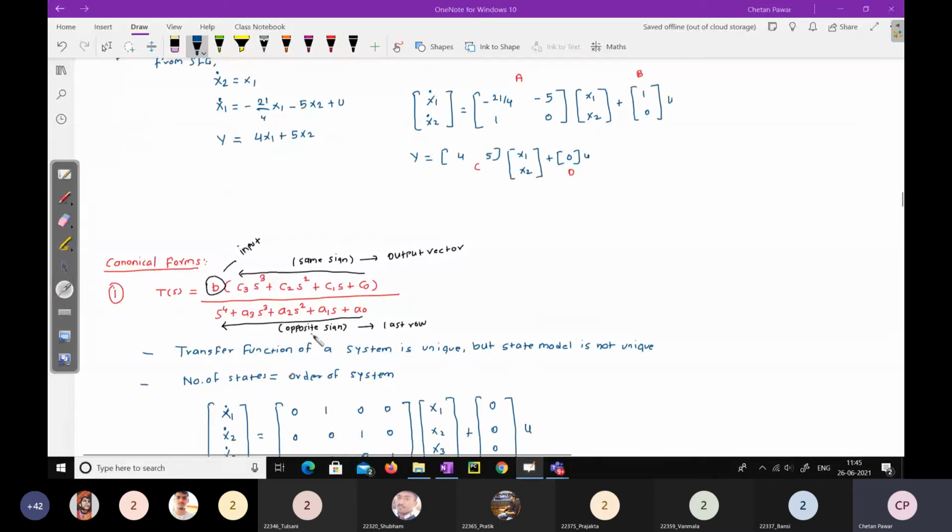In this form, this denominator represents the last row of the A matrix, this term represents the last row of the input matrix, and this numerator term defines the output vector, okay, when we traverse like this. So the same thing we will apply here.